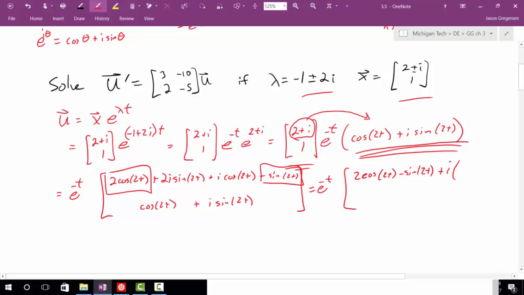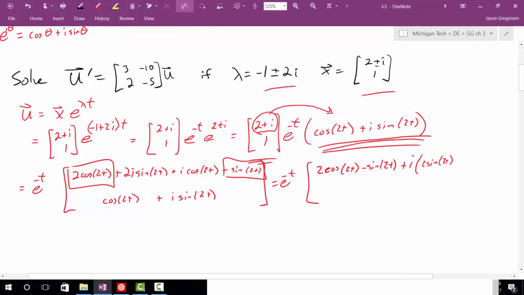I times, so I got 2 sine of 2t, and a plus cosine of 2t. And the second component's pretty much already separated. There, now I can see the real piece and the imaginary piece.